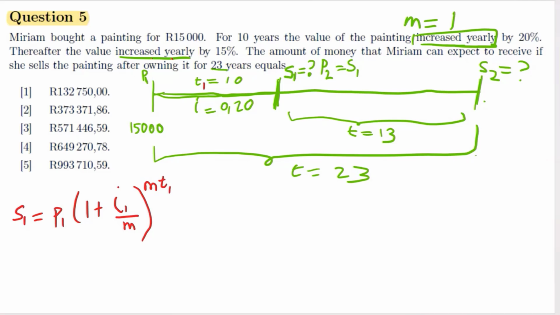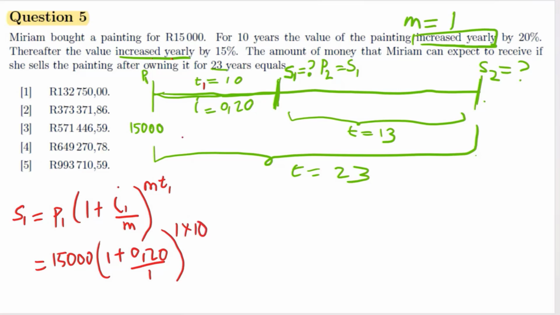Our P1 is given as 15,000 into 1 plus, what is your I there? Your I there is 0.20. This thing is increasing yearly, which means your M is compounding once. So you're going to have 1 to the power, your M there is 1 multiplied by your T, and your T is 10.